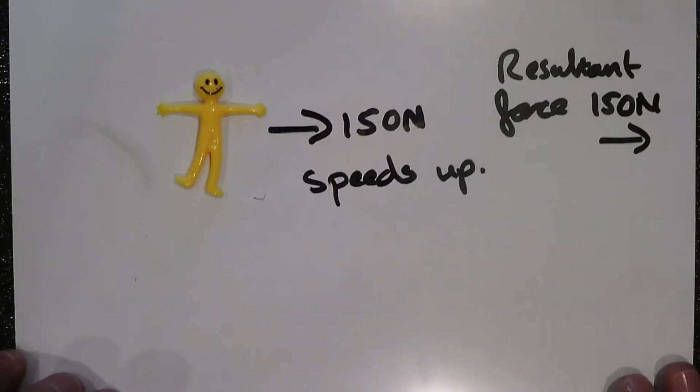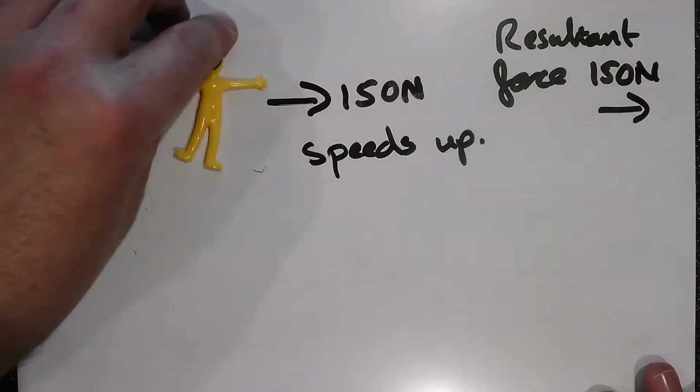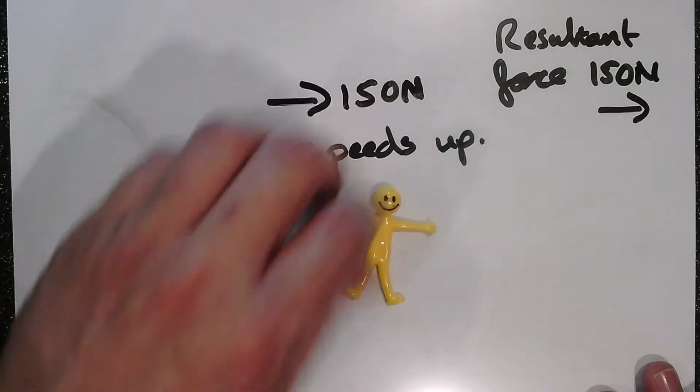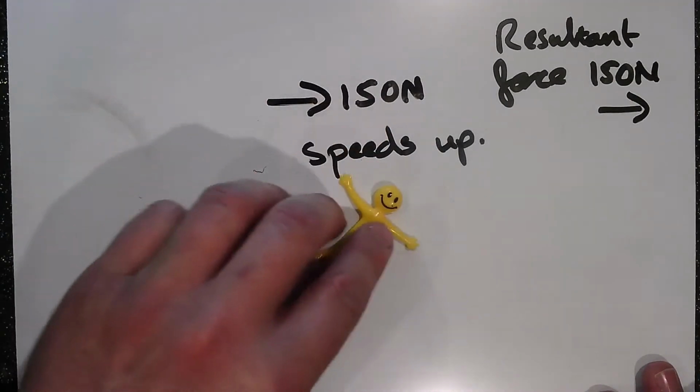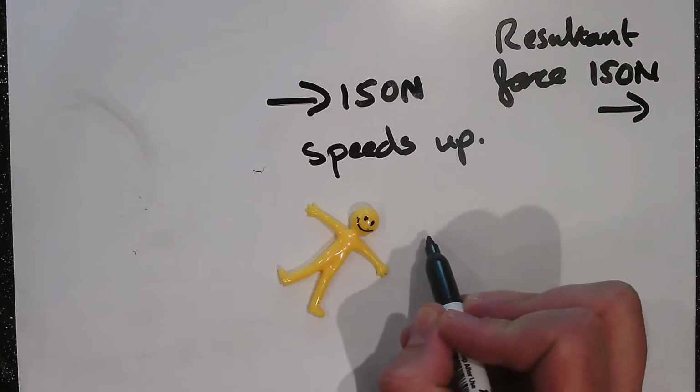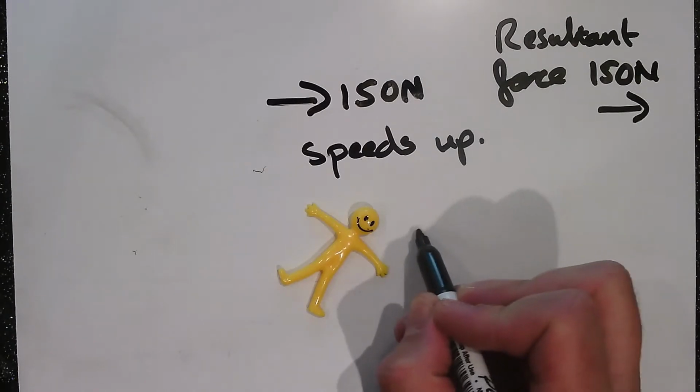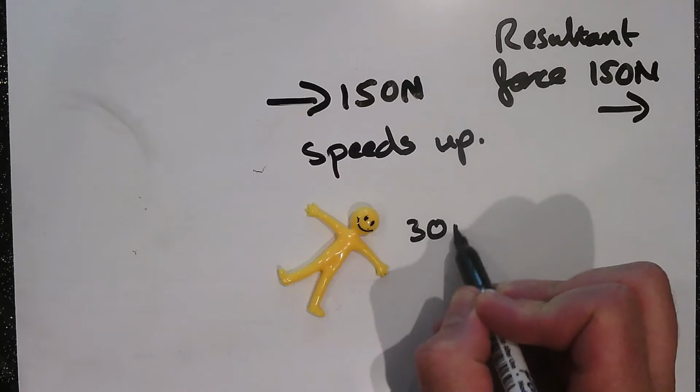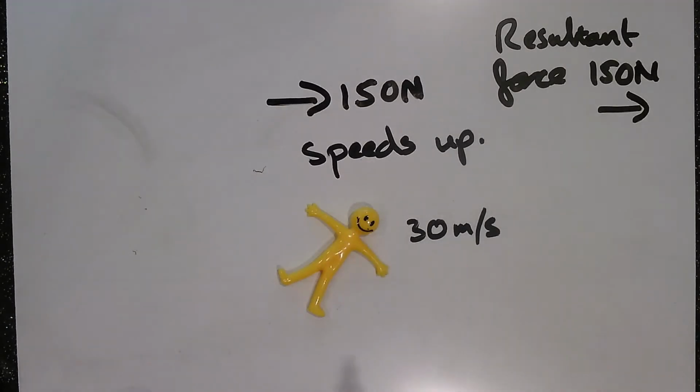Now, if Yellow Man was bombing along down the road, and let's just say he's going along doing 30 meters per second, nice and happy.